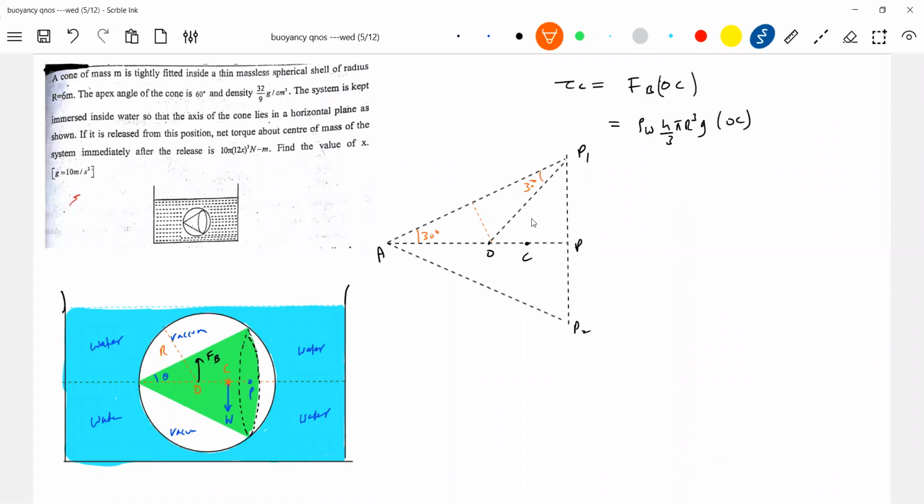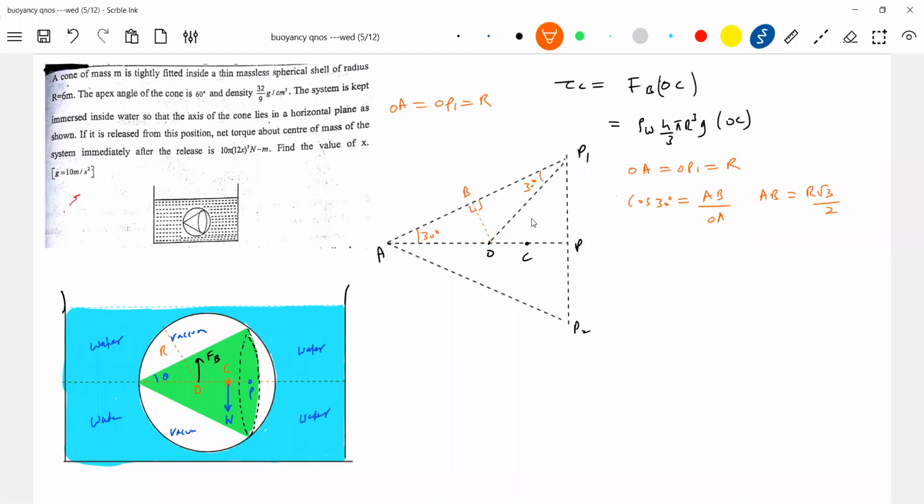OA should be equal to OP1, which is equal to R. So this angle will be 90. And I took this as B. So cos 30 is equal to AB by OA. So what is AB? It is equal to R root 3 by 2.